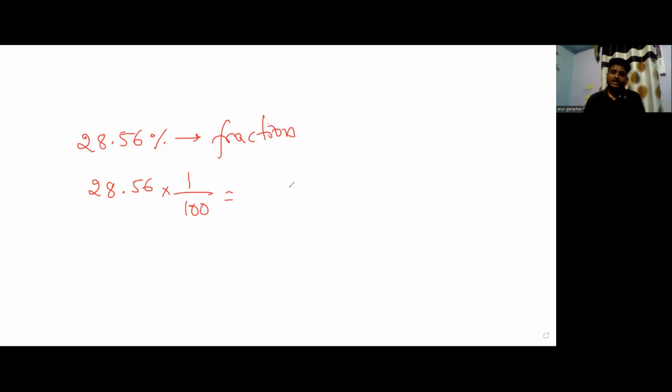Now, if you had learned the table by heart, you would understand that 1 by 7 is how much? 14.28. Yes or no? You go back and read the table. 1 by 7 is 14.28%. Now this 28.56 is exactly 2 times 14.28. 14.28 times 2 is 28.56%.